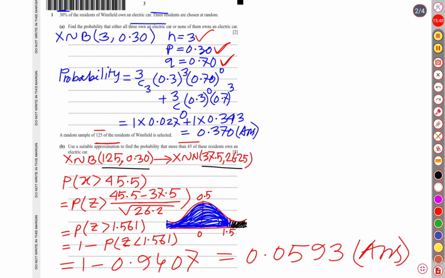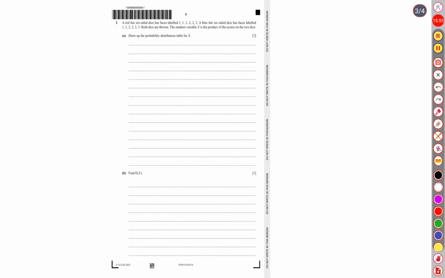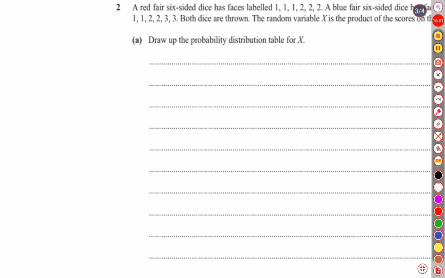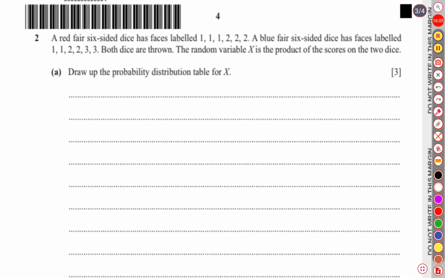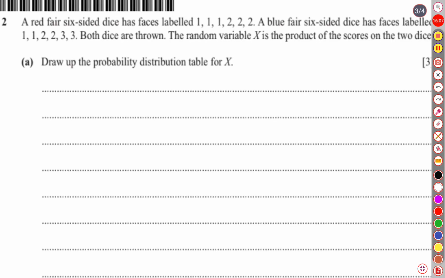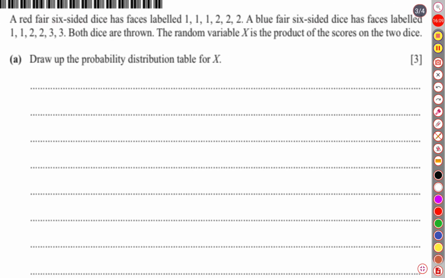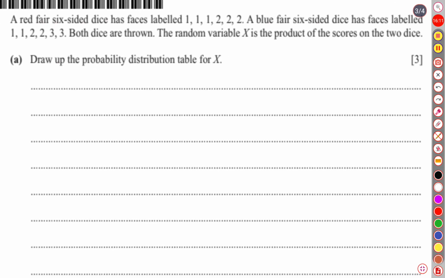So let us see question number 2. The next question says: a red fair six-sided dice has faces labeled 1, 1, 1, 2, 2, 2.